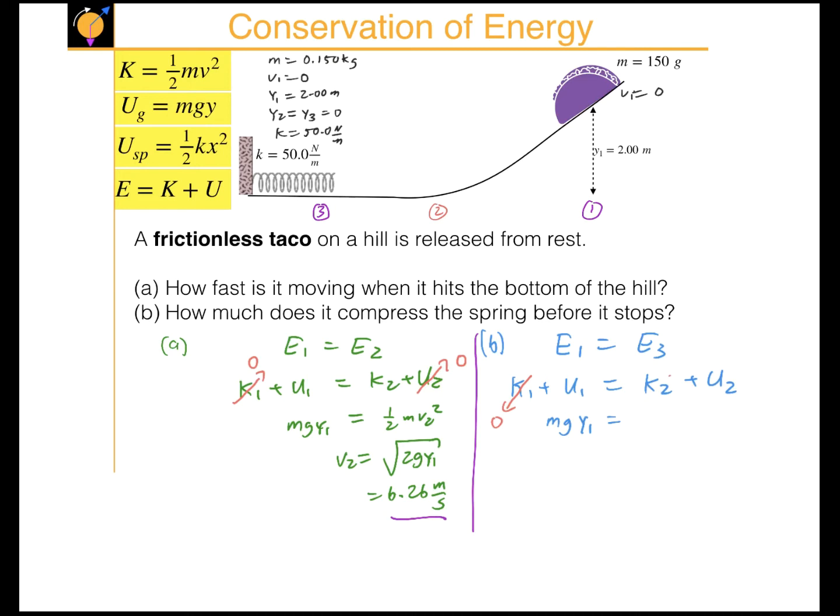Since that's the point where it stops, this is also 0. But we want to find out how much it compresses the spring, so it's 0 plus 1/2 k, and we'll call this x2. That's the amount of spring compression, how much the spring is compressed.